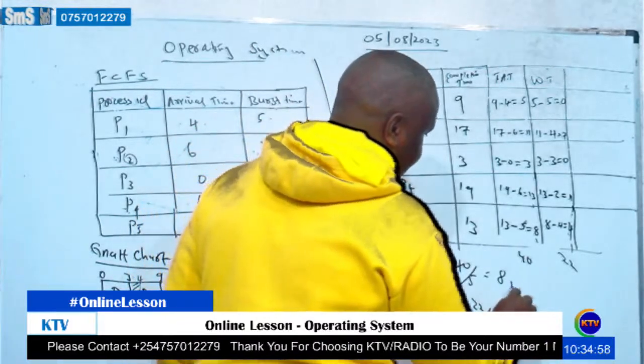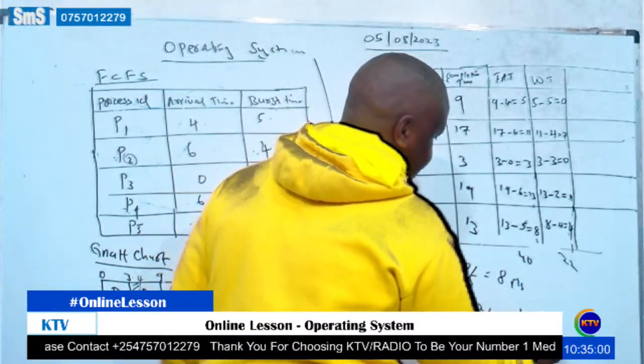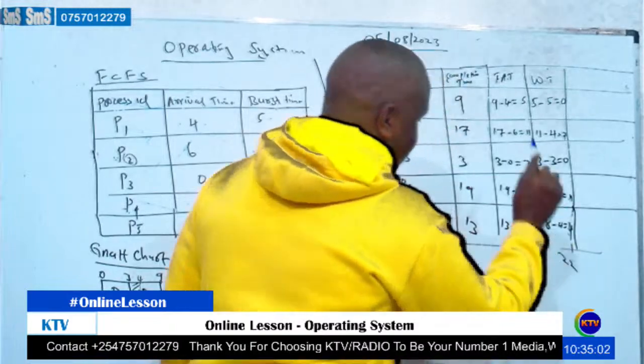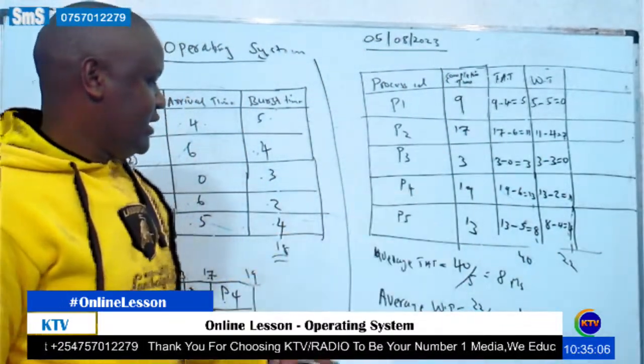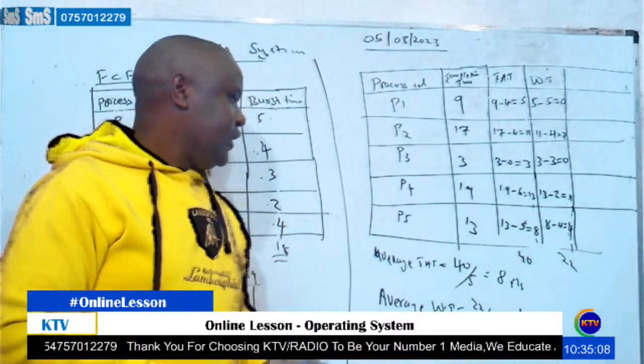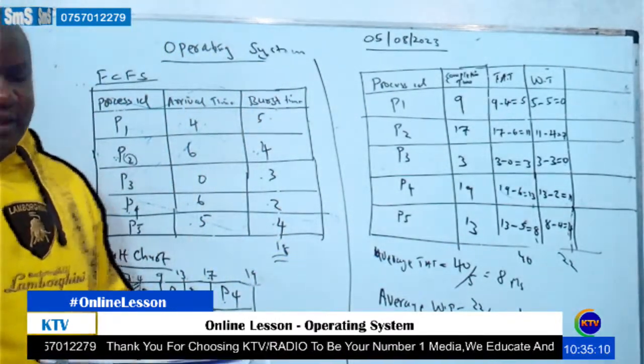You can say either unit of time or milliseconds. So this is the average turnaround time and the average waiting time for all these processes.